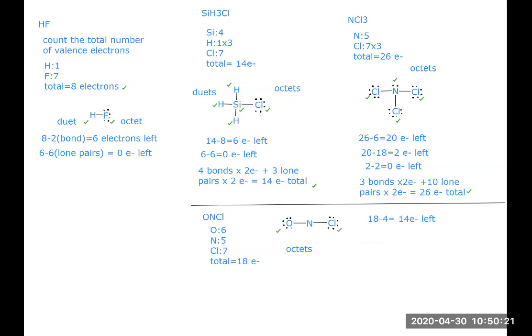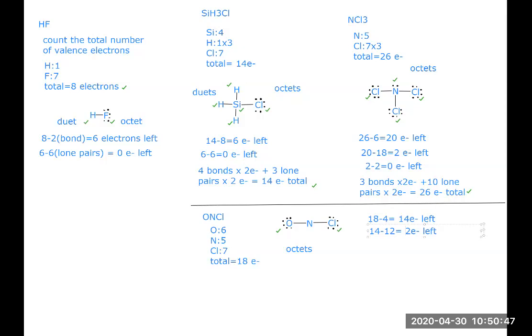And so let's count to make sure we have enough electrons left, or that we haven't used everything. So we had 14 left, minus we've used 6 around oxygen plus 6 around chlorine, that's 12. So 14 minus 12 is 2. So we have 2 electrons left, right?